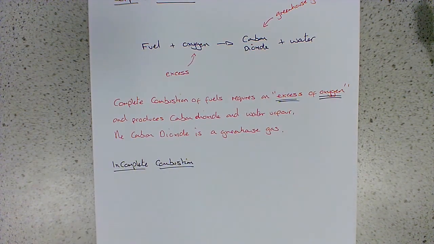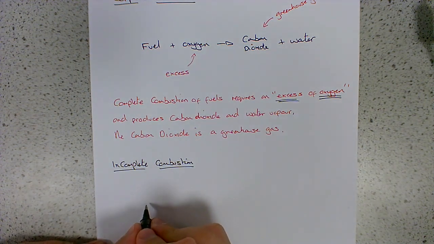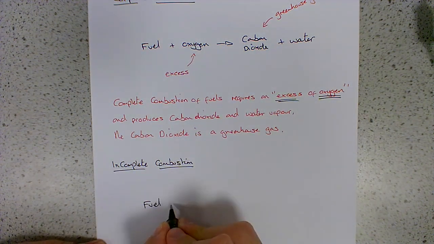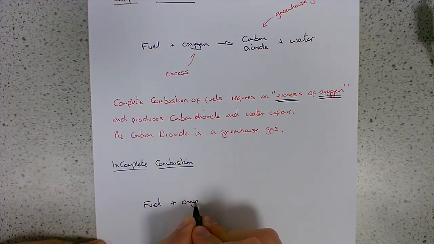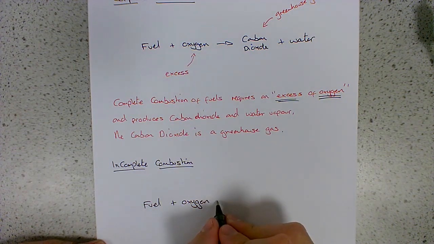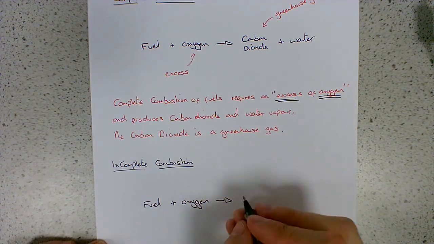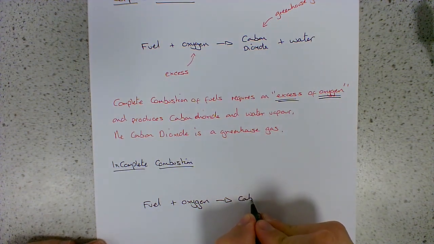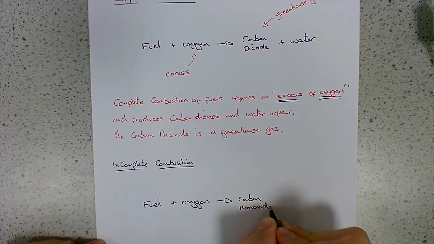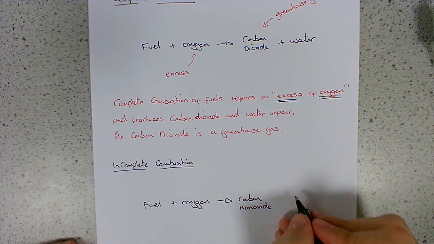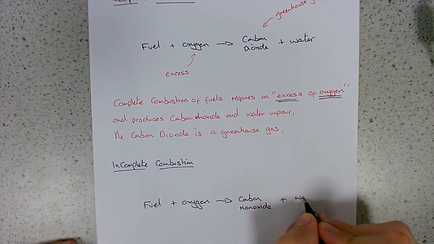There are a variation of things that can happen. You could have your fuel, and it reacts with oxygen, but there isn't quite enough oxygen to form carbon dioxide. It instead forms carbon monoxide, and it still produces water vapor.